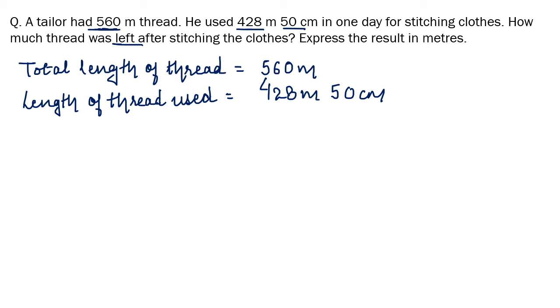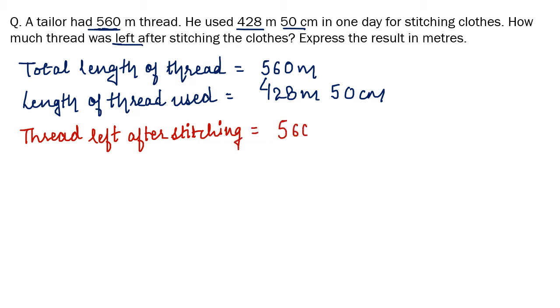So we have to find out thread left after stitching. It will be 560 meter minus 428 meter 50 centimeter. So arrange them in column, meter and centimeter.